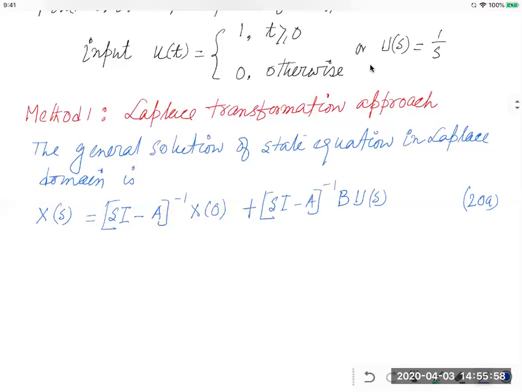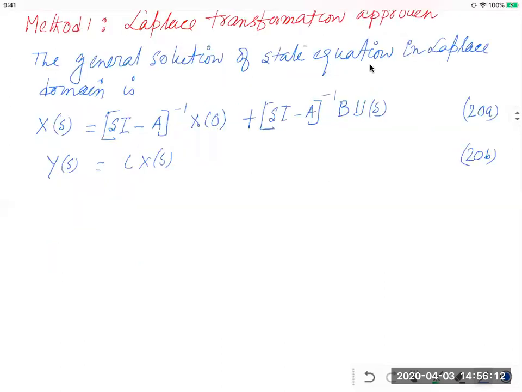Now output Y(s) is equal to C times X(s). So first we calculate sI minus A. Here A is a 2 cross 2 matrix for our case, so sI minus A must be 2 cross 2.